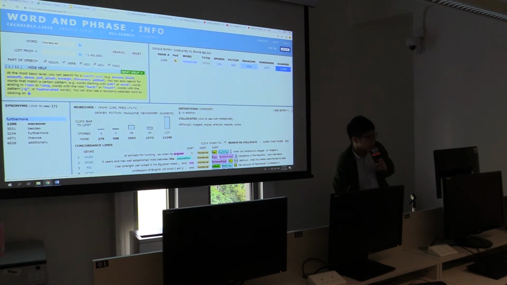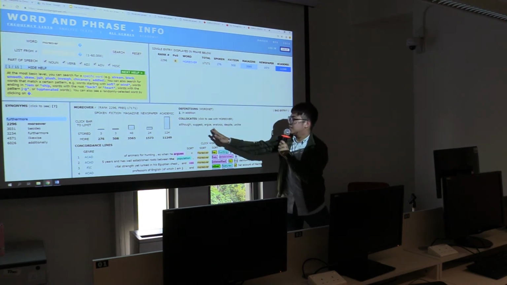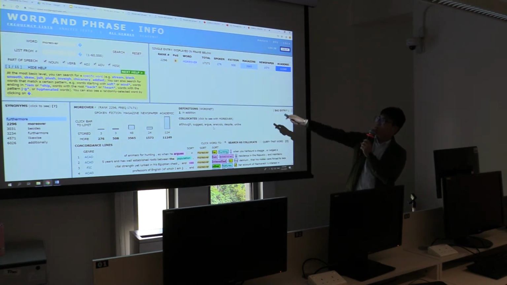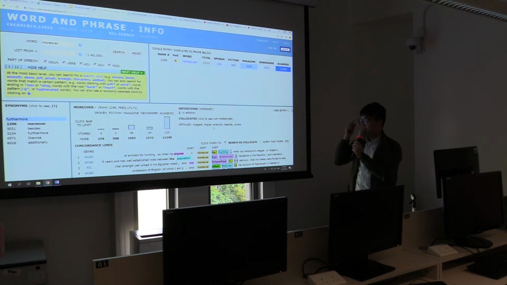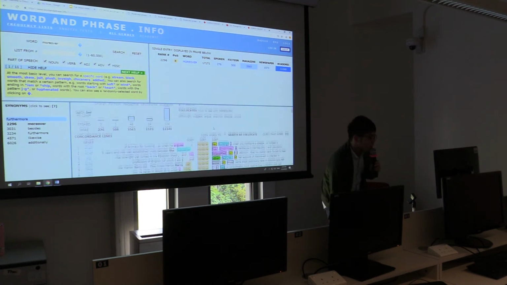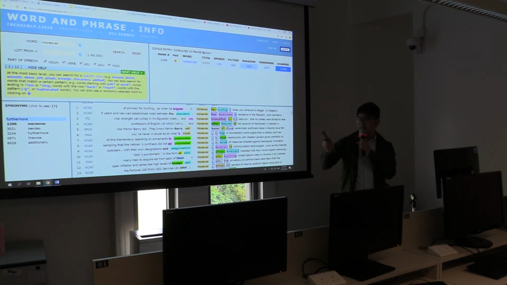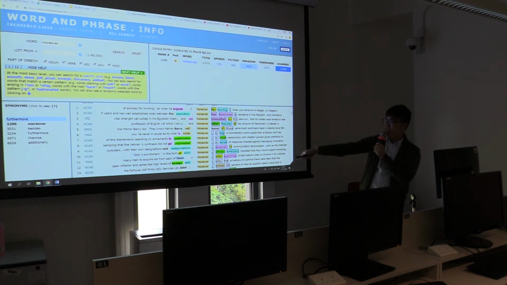You can also see here collocates. What does it appear with? For example, when we use moreover, it usually appears with suggest or argue or analysis of despite. And you can also see how it is used in a sentence.